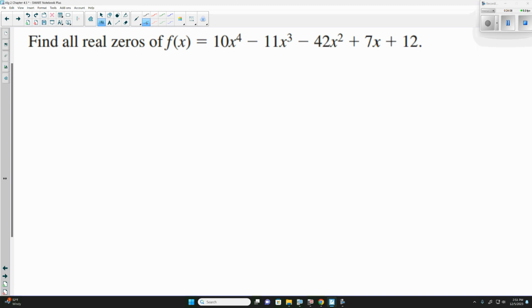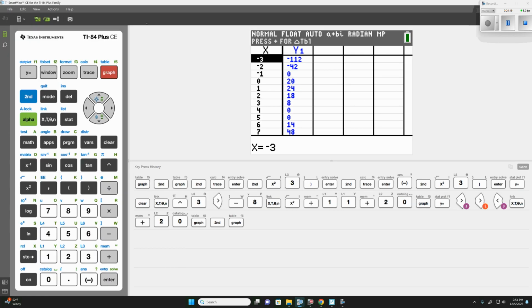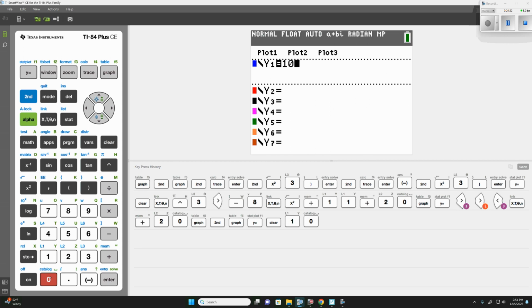X to the 4th minus 11x cubed minus 42x squared plus 7x plus 12 is where we're at. Because what I'm going to do first is go on and graph it.